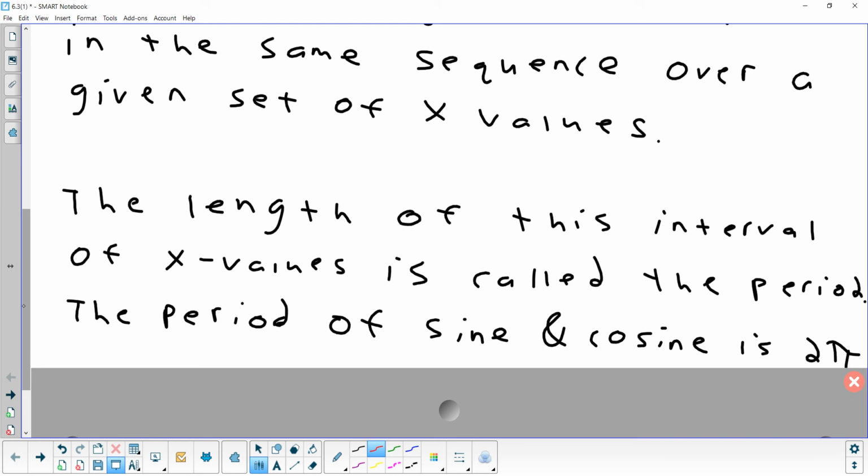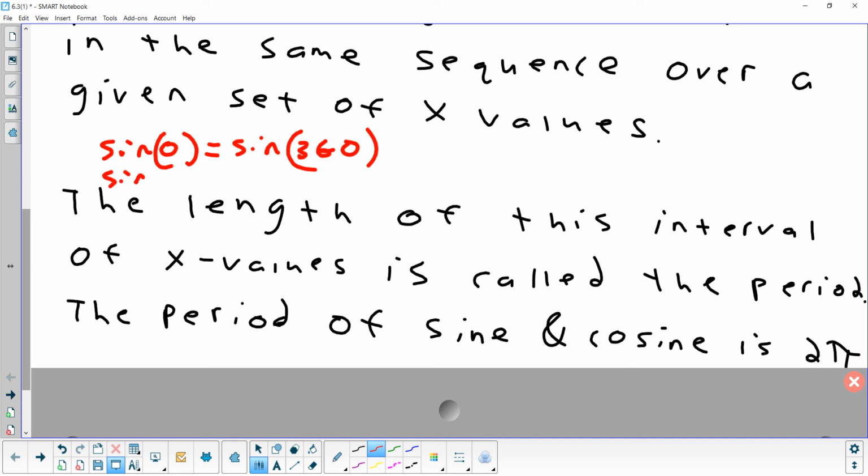So if you sketch a graph of sine, let's say in degrees, from 0 to 359. When you get to 360, think about it. The sine of 0 is going to be exactly the same as the sine of 360.